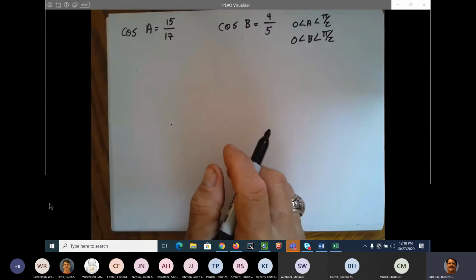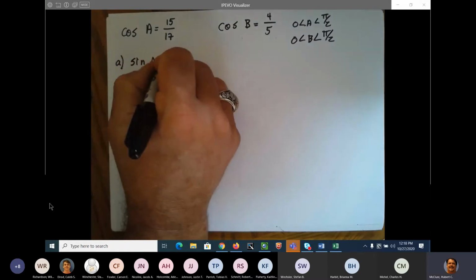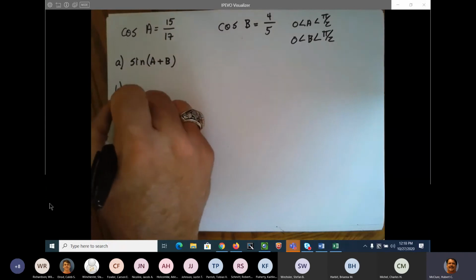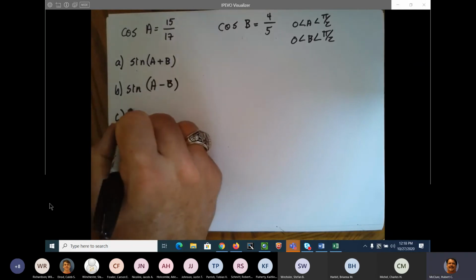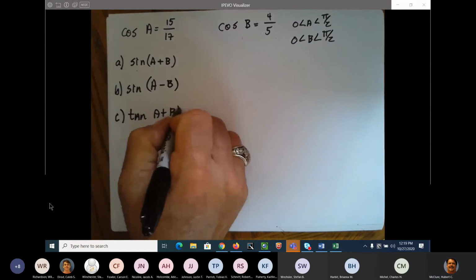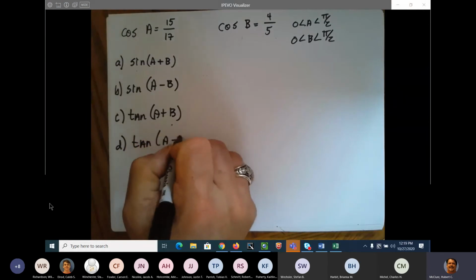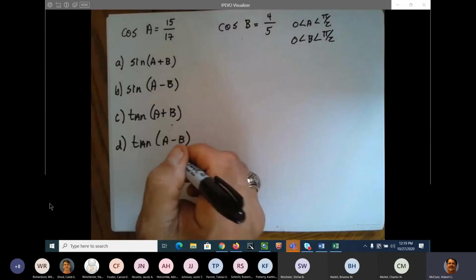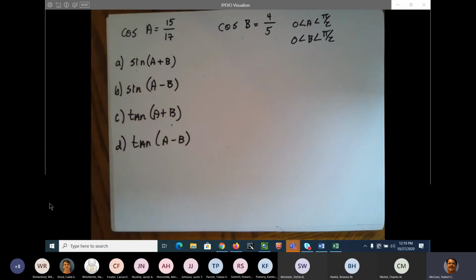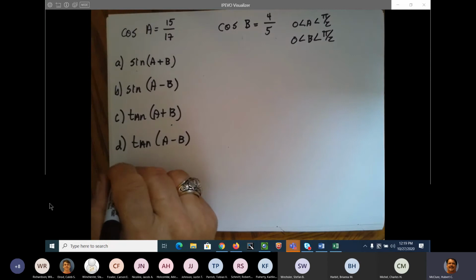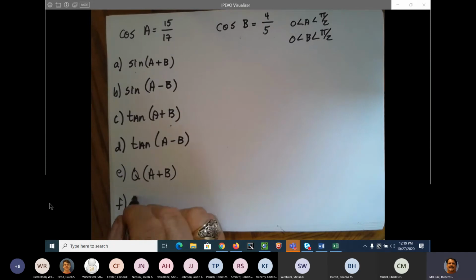And they want you to find the sine of A plus B. They want you to find the sine of A minus B. They want you to find the tan of A plus B. And they want you to find the tan of A minus B. And the quadrant of A plus B, and then what is the quadrant of A minus B?